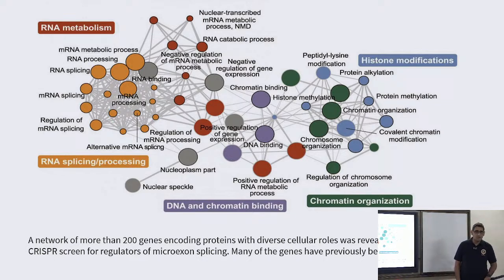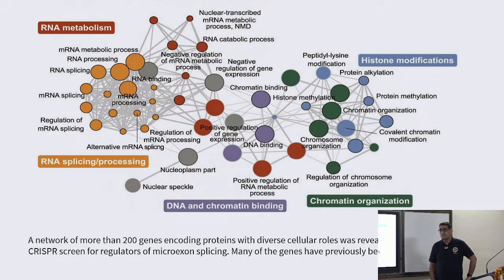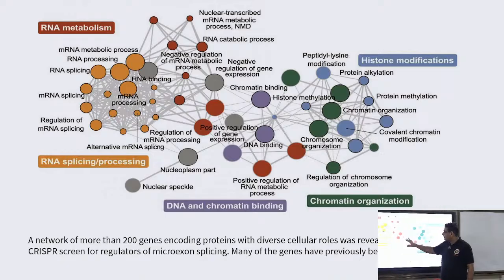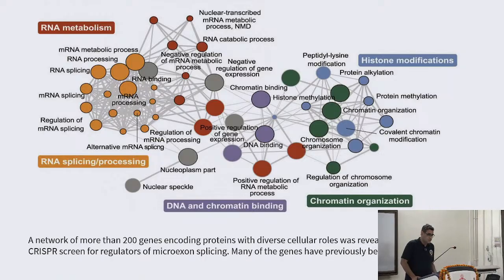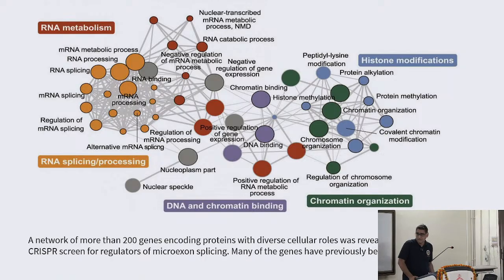So if you talk about this problem, there is a lot of network which is happening. You see these are the networks, these are important genes in the RNA metabolism, this is processing, this is DNA binding, then chromatin organization and histone. Any changes will affect the overall expression, so you have to find that out.